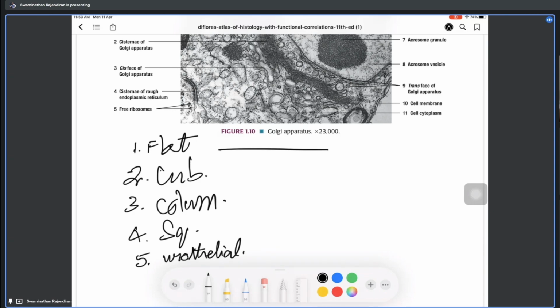Flat means it's very flat, like this. And the best example is mesothelium. For each type, you remember one cell that we see every time: mesothelium.